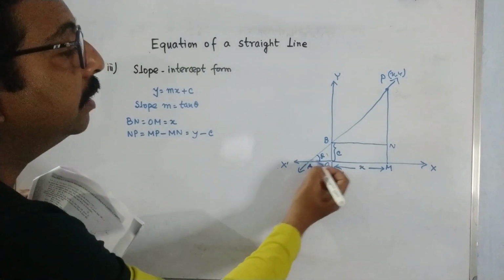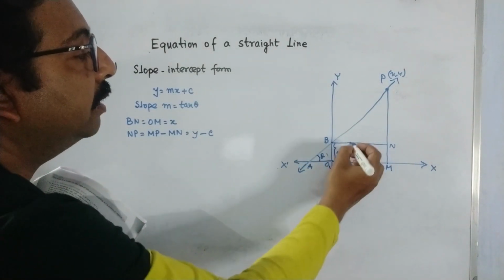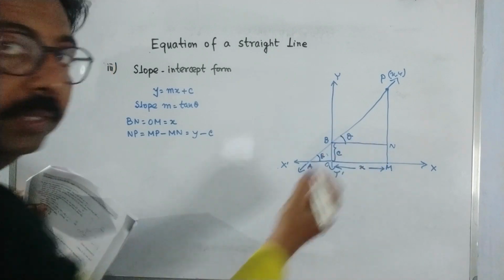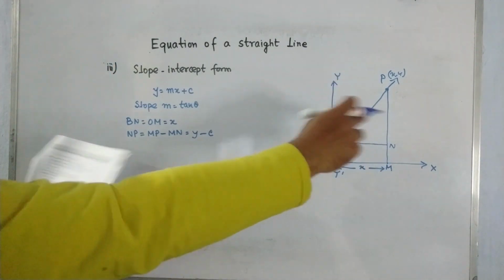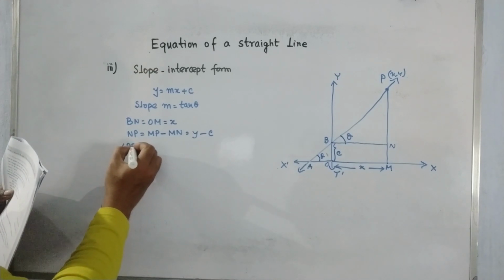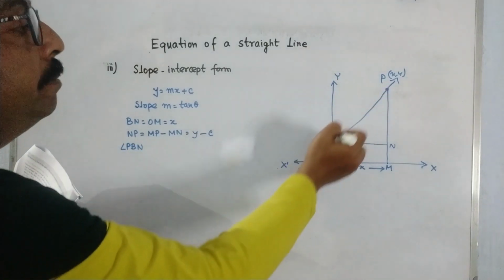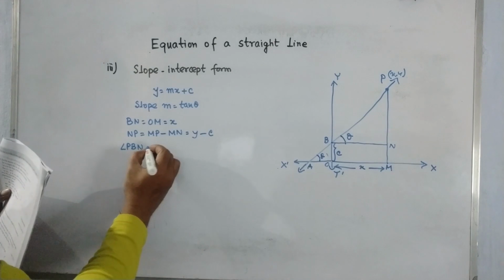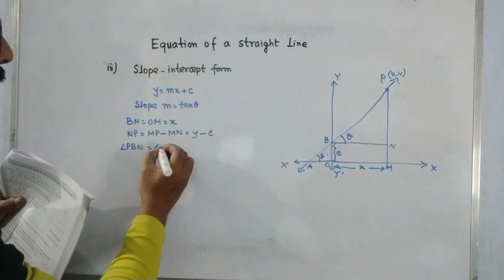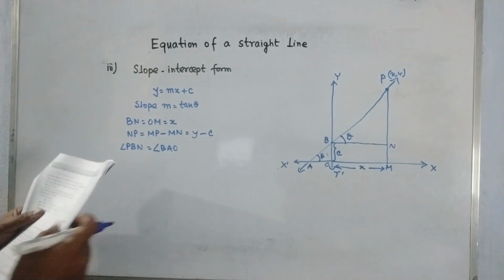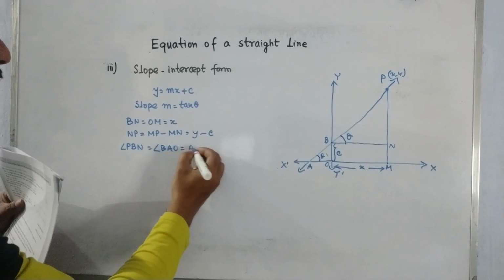Again, these two lines are parallel, therefore this angle is also theta. Angle PBN equals angle BAO, which is theta.